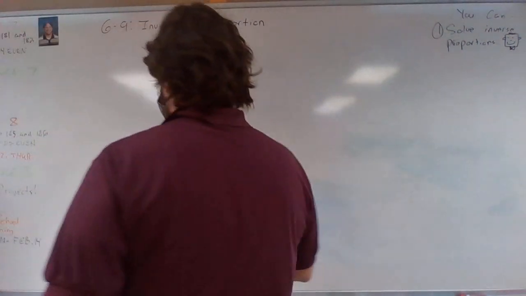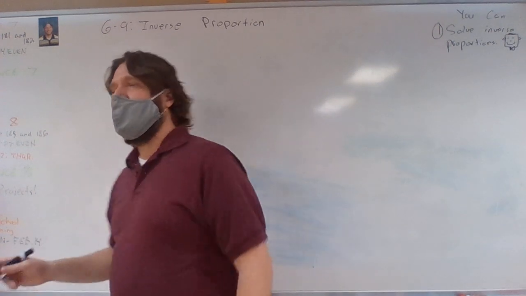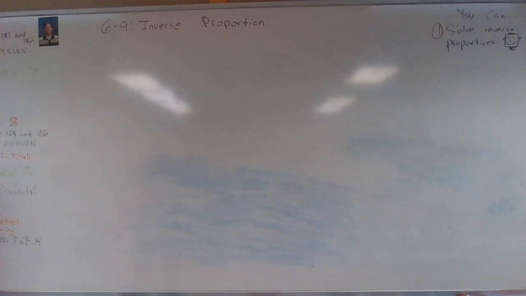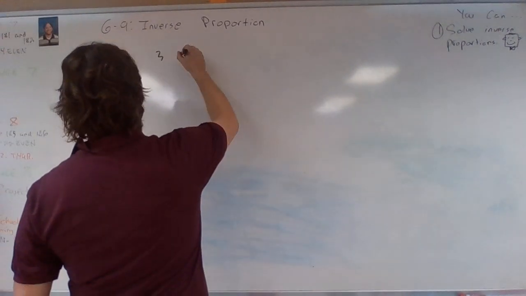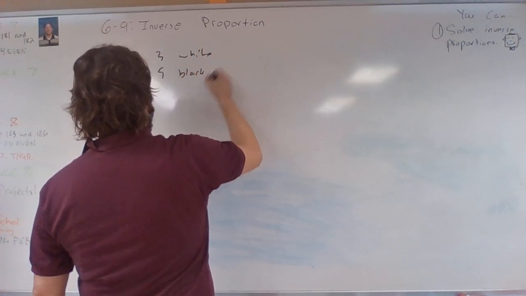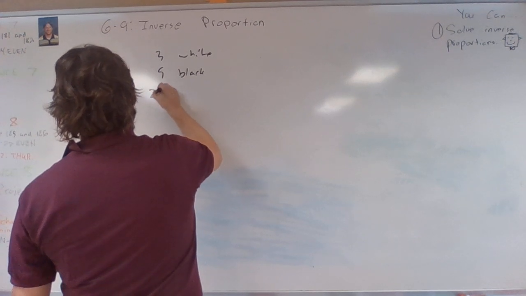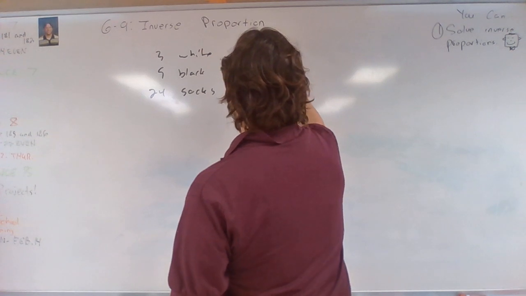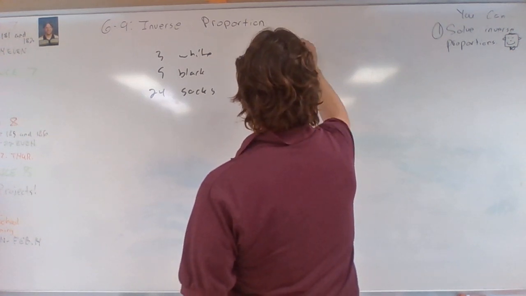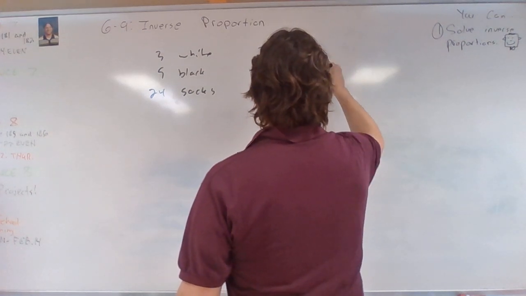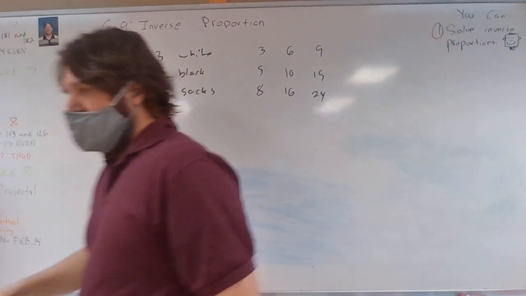So most of the things that we have done to this point, as one item increases, right? For example, if I go back to the table and I say 3 white socks, 5 black socks, and 24 total socks, as we go through it here, 3, 5, 8, 6, 10, 16, 9, 15, 24.